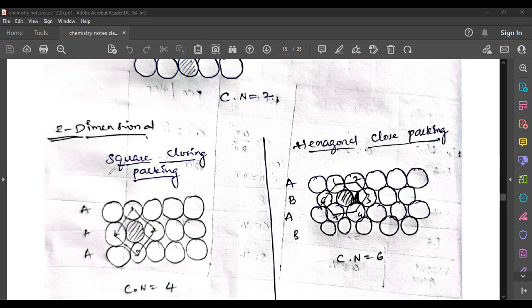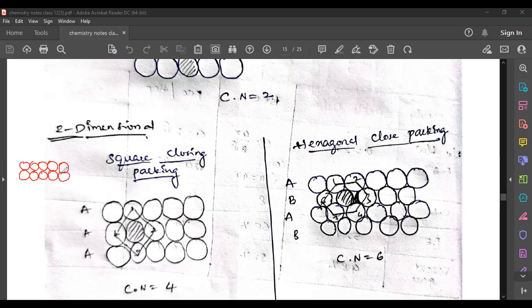If you see the square close packing, how it looks, first we take one row here. Can you see what I'm drawing on the screen? Yes, sir. Okay. So first we take one row. The second row atoms also we place exactly below the first one.